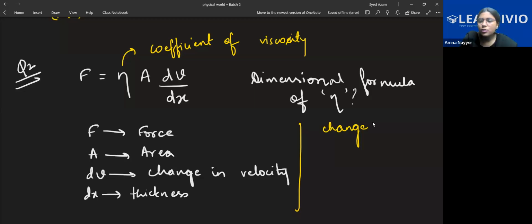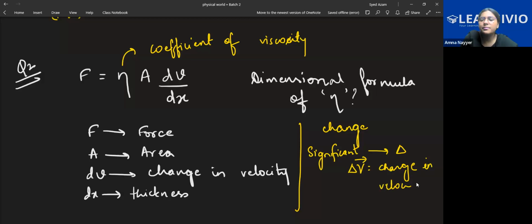For a significant change, meaning it's not very small and not very big, we use the symbol delta. You will see the symbol delta V means the change in velocity.